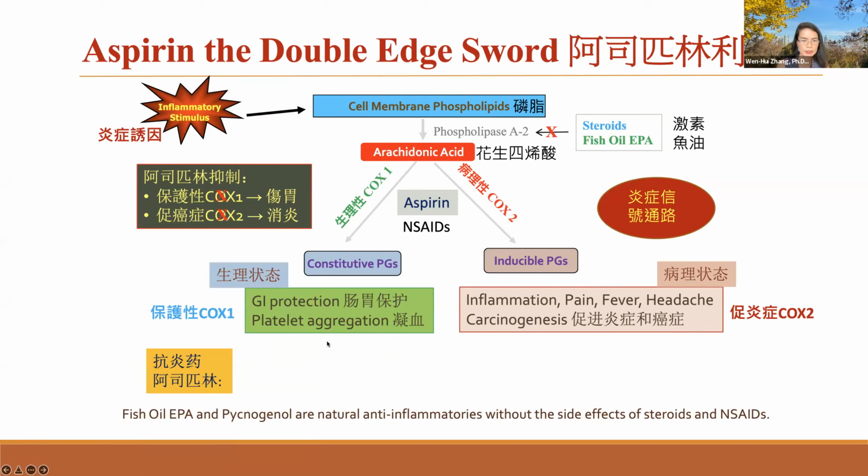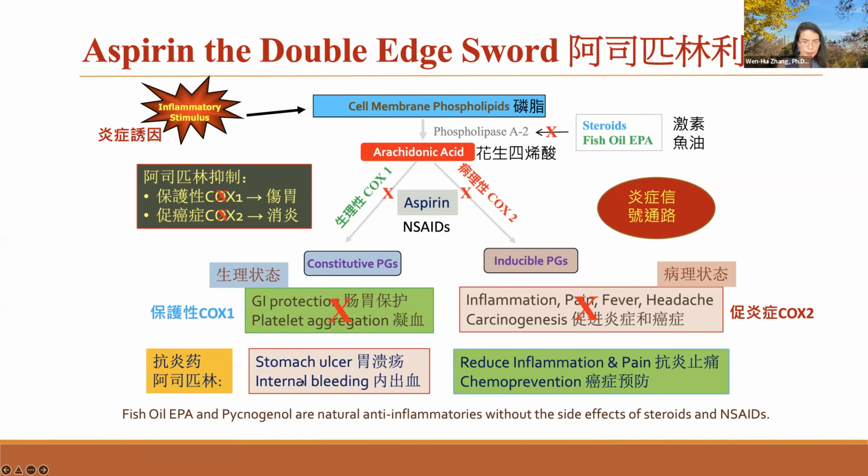So aspirin reduces the pain, reduces the inflammation, but then it will increase stomach ulcer and probably internal bleeding, in people who already have peptic ulcers.